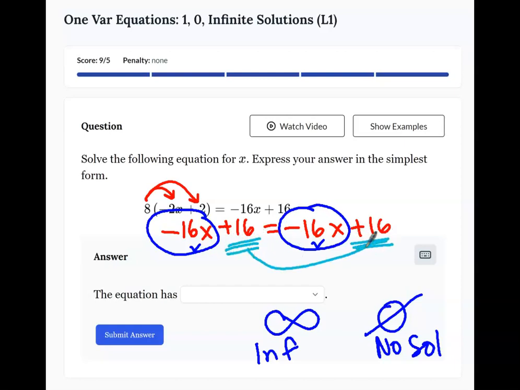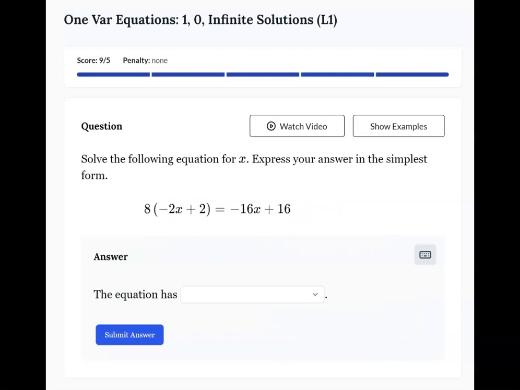If the constant terms are a match, that's infinite solutions. If they were different, that would be no solutions. So again, matching variables and matching constants give us infinitely many solutions.